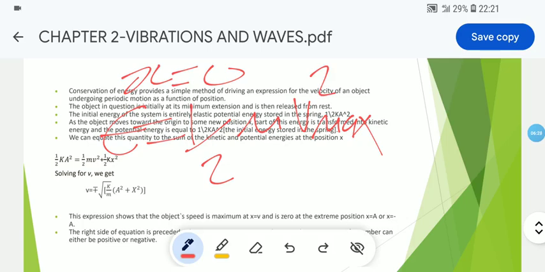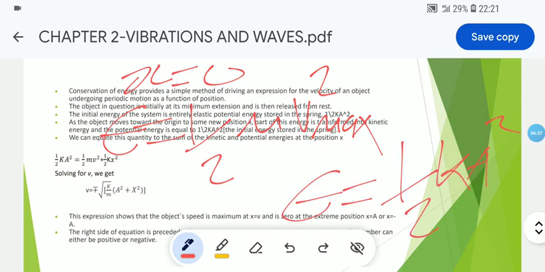Then the other expression for the total mechanical energy is just 1 over 2 kA squared. At this point, where x is equal to A, you have the maximum displacement. The maximum displacement is just the amplitude.